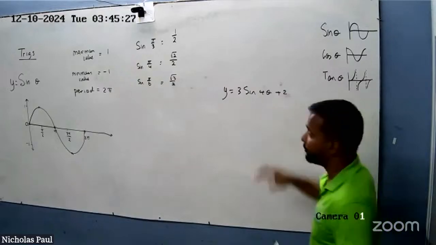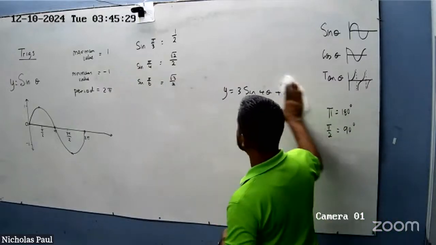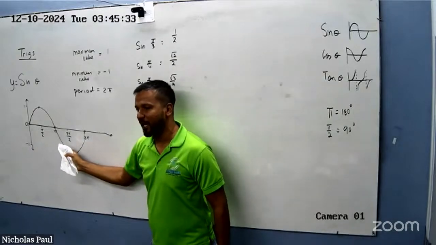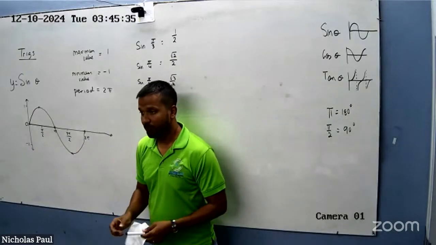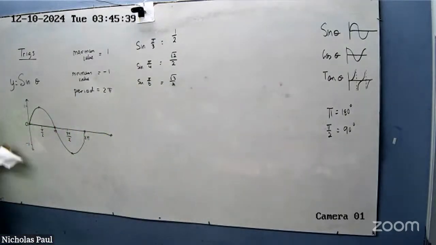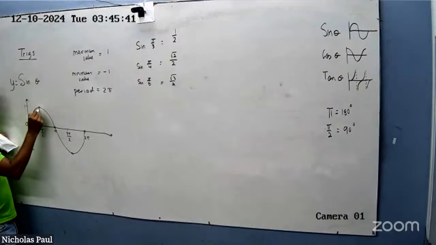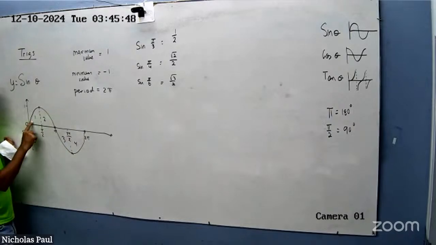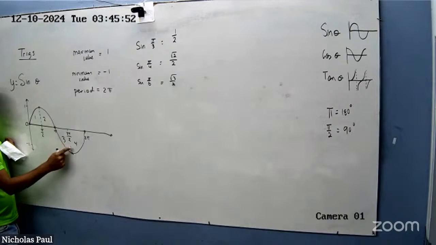Okay, so we're going into this test now, but before we do that, anybody remember what quadrant sine is positive in? Sine is positive in the first quadrant and negative in the other.